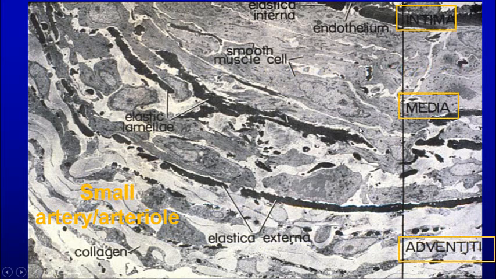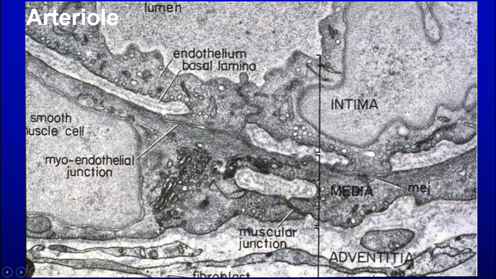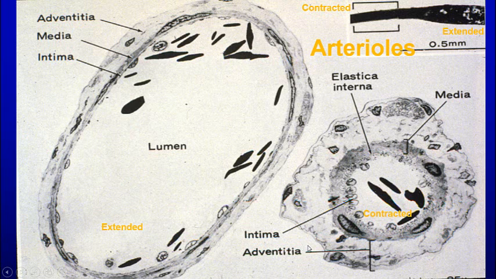As you can see, intima, media, and the adventitia. As we get to our arteriole, say 1 to 3 or so smooth muscle cells around it, we can see the smooth muscle cells, we can see the endothelial cells, and this would be the intima, the media, which is small, and the adventitia out here.